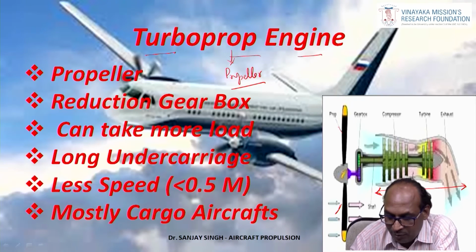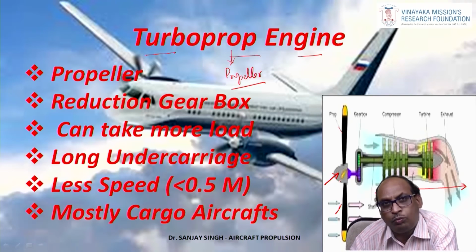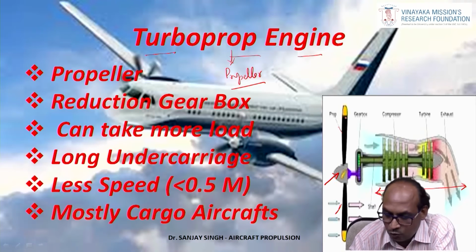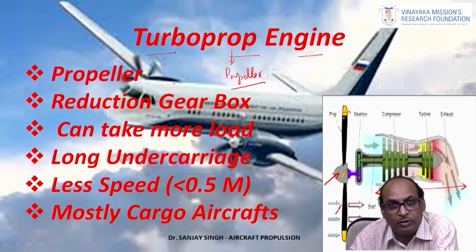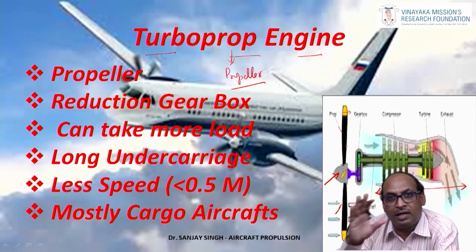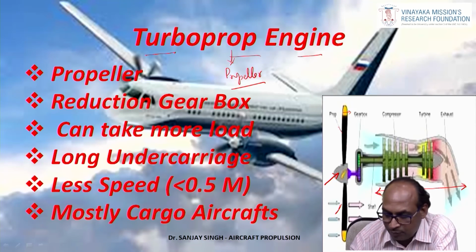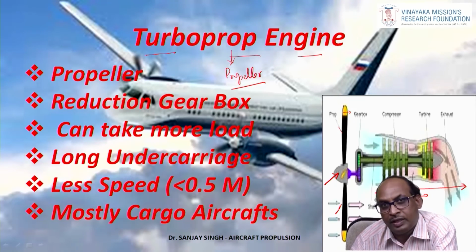Additionally, there will be a propeller in the front, used to produce thrust force. As I told, the purpose of the propeller is to capture a large mass of air. So in this particular engine, the thrust force is generated basically by increasing the mass flow of air, and the velocity of the exhaust gas is smaller in this turboprop engine.